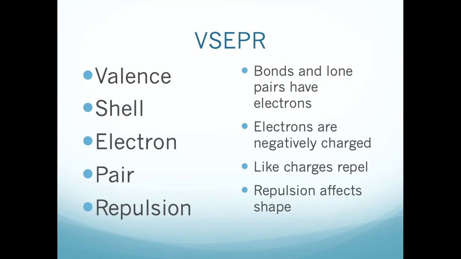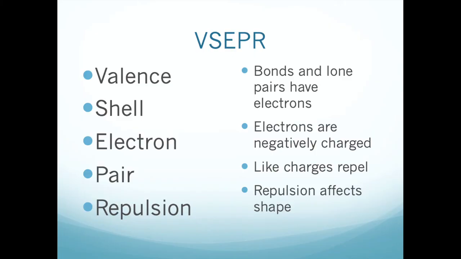That stands for valence shell electron pair repulsion. The convention is to pronounce it VESPER. I'm not sure why people don't pronounce it V-S-E-P-R, but anywho, it's VSEPR theory. And what does that mean, valence shell electron pair repulsion? Well, when you look at the central atom of your molecules, you've got pairs of electrons around it, whether those pairs are from bonds with other atoms or if they're lone pairs.